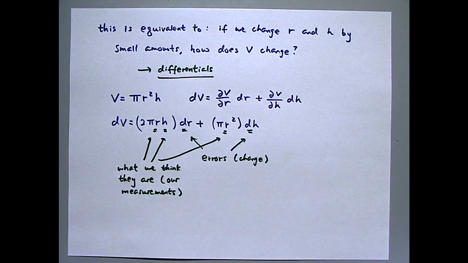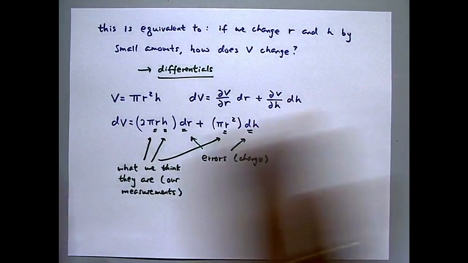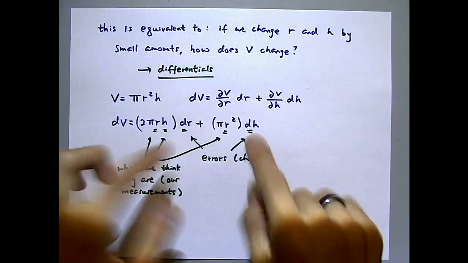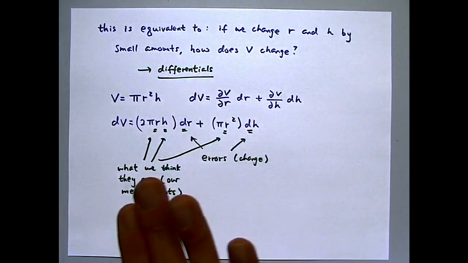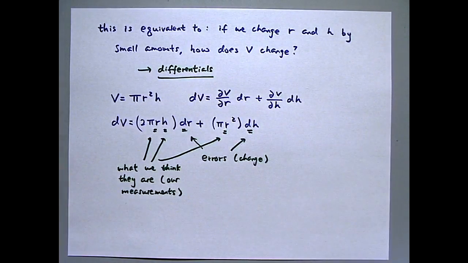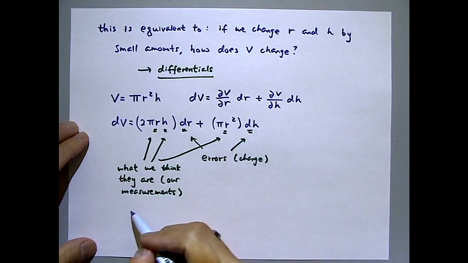Right? Our best measurement is that r is equal to something, h is equal to something, and here are the errors. Just like what we did last time, we used these points to build a tangent line approximation. And then we move by a small amount on that tangent line. And if we don't change too much, we should be near the surface. So it's exactly the same idea.